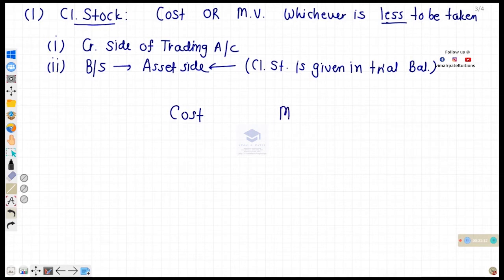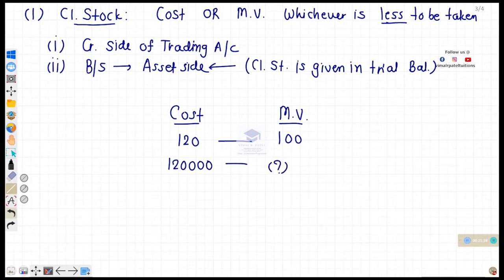Suppose market value is 100, then how much is the cost price? 120. Cost price is 120% of market value. So if cost price is 1,20,000, then what will be the market value? 1 lakh. So what will we take? 1 lakh. It is not important whether we are taking market value or cost price. We are taking the least number.